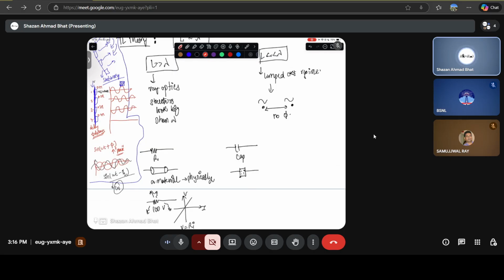And this wave will look something like this. What happens now is that all these waves start to interfere with each other because they have a difference in phases.